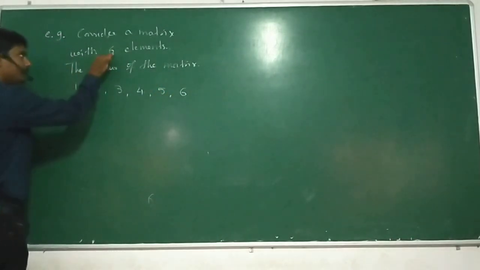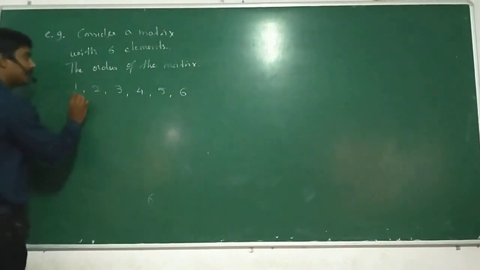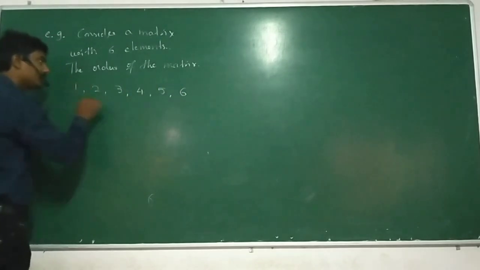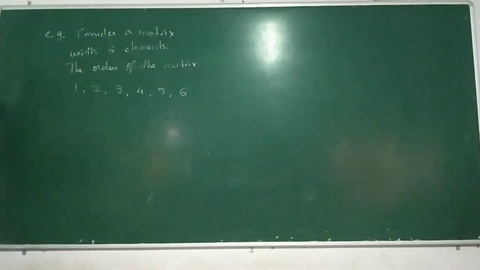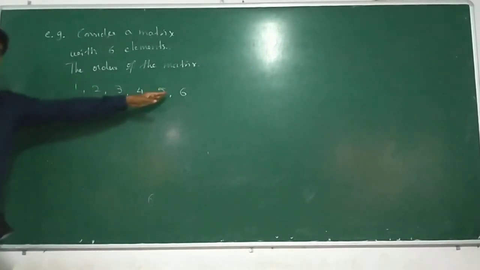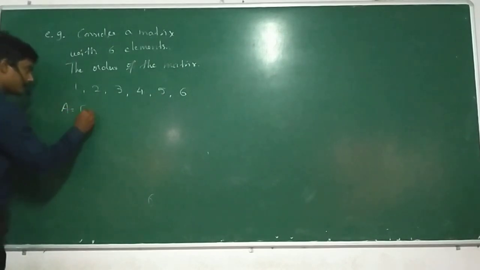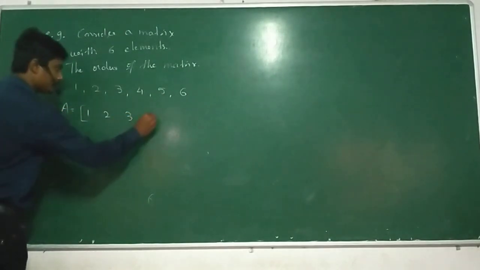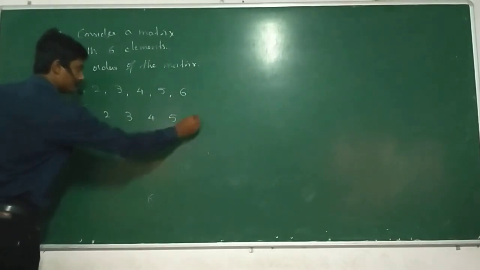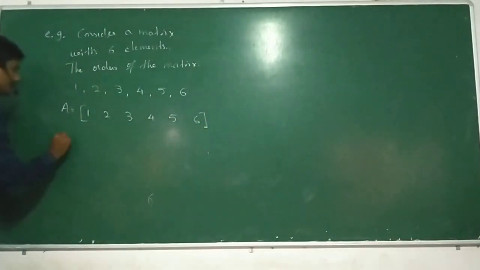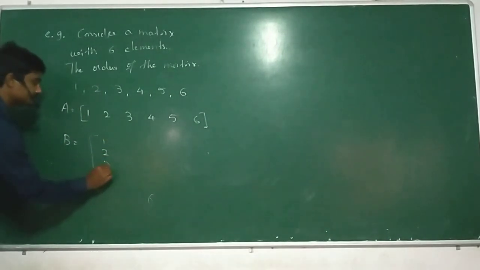Since we have said that the matrix is having 6 elements, I have taken these numbers as elements of the matrix as an example. To arrange these 6 elements, I can write down the matrix like this. Even I can write down the matrix like this.